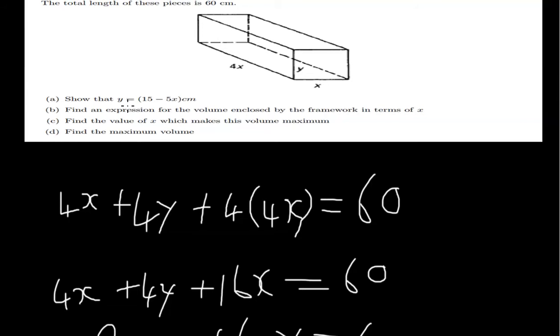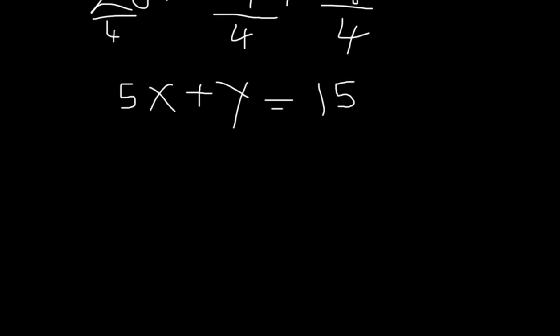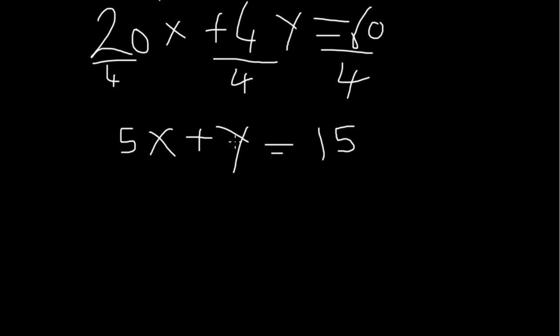So in short, I'm going to make y the subject from what I've found. Making y the subject of the formula, I'll just take this 5x to that side. So y is equal to 15 minus 5x. So question A is done.